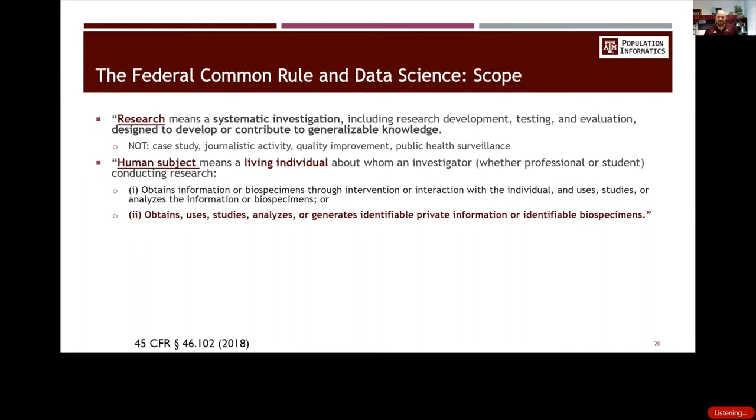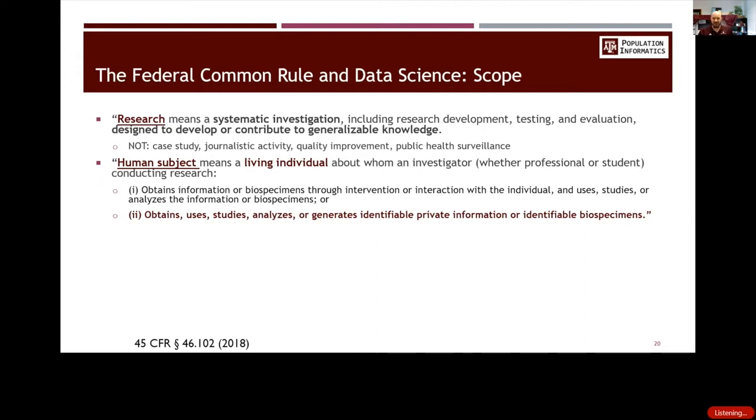This second really important definition to be aware of is this definition of a human subject. And in the context of data science, there are two important aspects of this. One, we're talking about a living individual. And in the context of data science, we're talking about when an investigator obtains, uses, studies, analyzes, or generates identifiable private information.